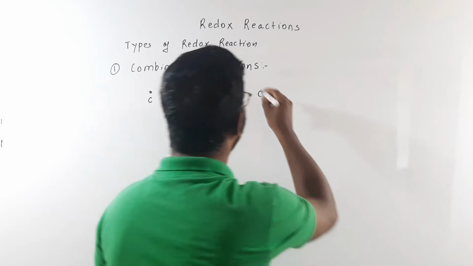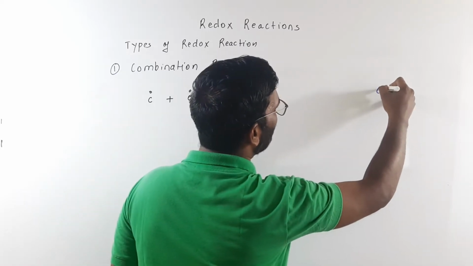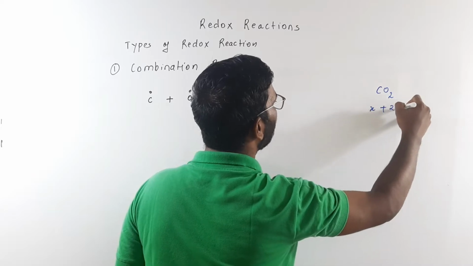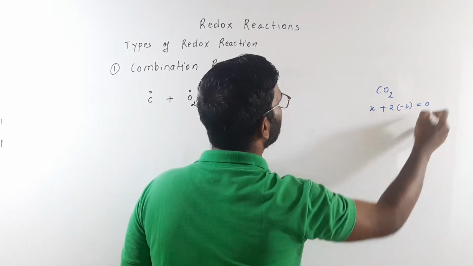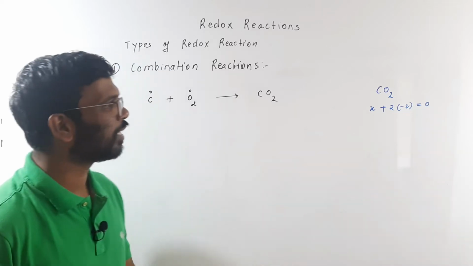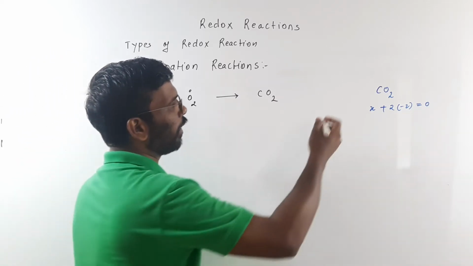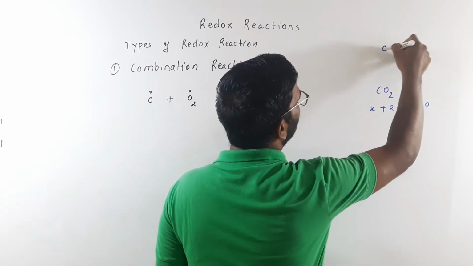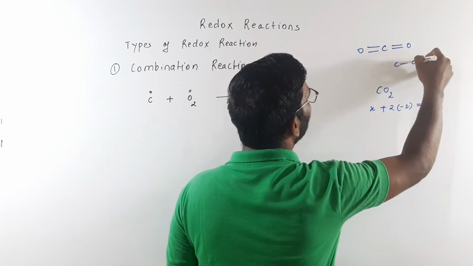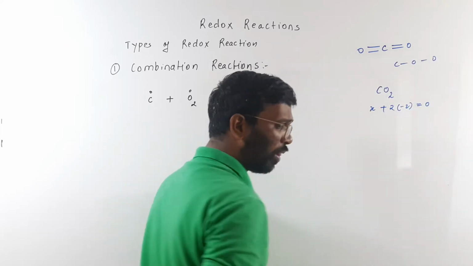Let's calculate the oxidation state of the carbon in carbon dioxide. I'll put carbon as x plus 2 into oxygen, which is minus 2, equal to 0. And this is not a peroxide. How do we understand that it is not a peroxide? Carbon is double bonded in this manner. If it had such a type of bond, then we would call it a peroxide.